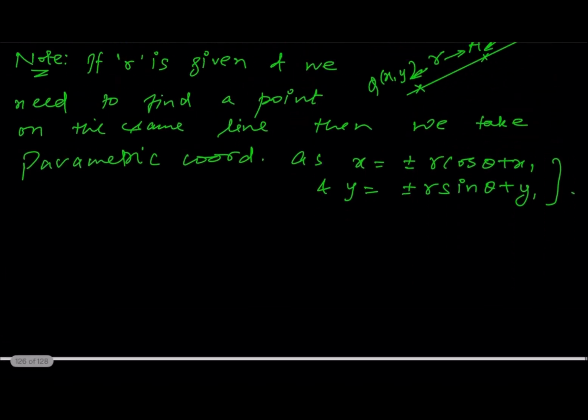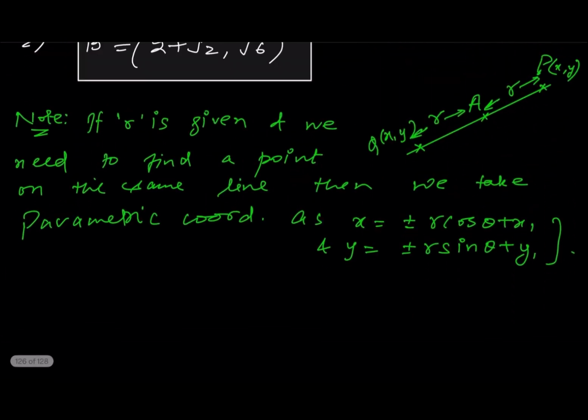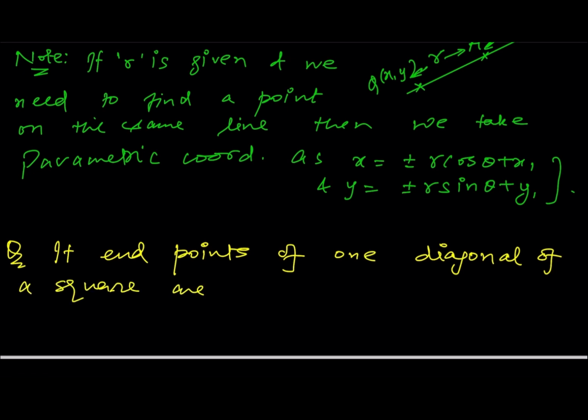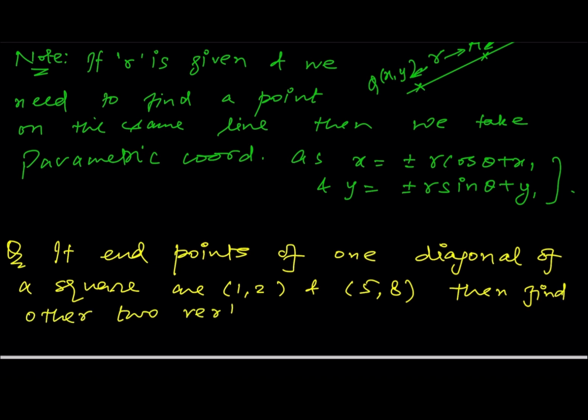Let us take a question. If endpoints of one diagonal of a square are (1, 2) and (5, 8), then find the other two vertices.